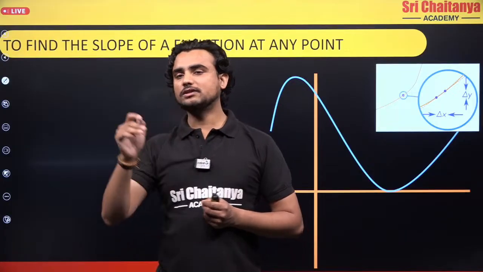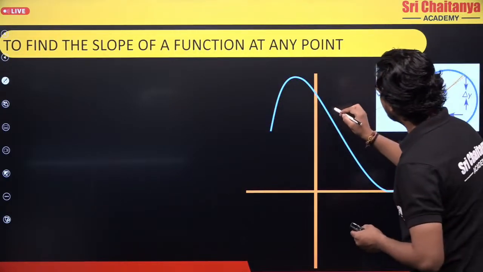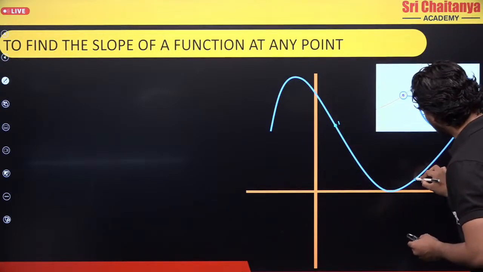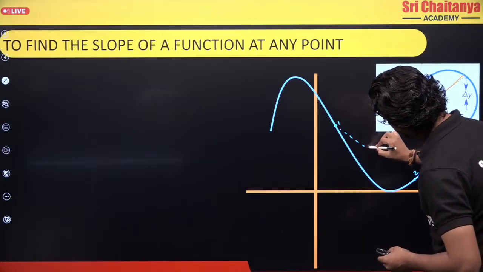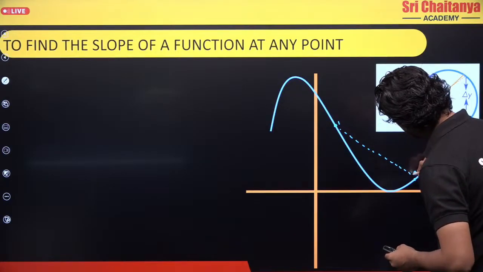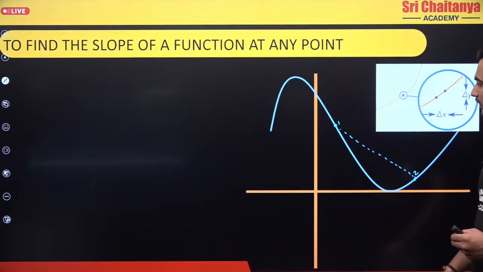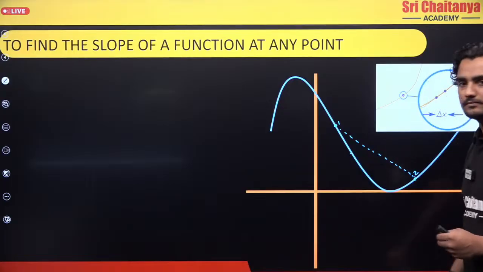But for a curve function like this, what we are doing is taking 2 points, point number 1 and point number 2. If I join these 2 points using a straight line, yes, I can find the slope for this straight line. But if I keep changing this point, the slope will keep on changing.